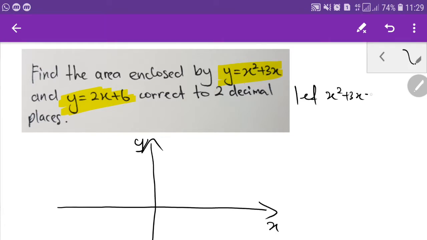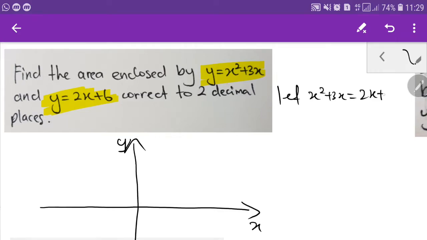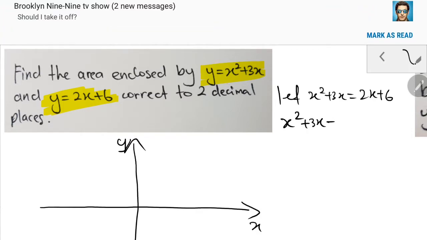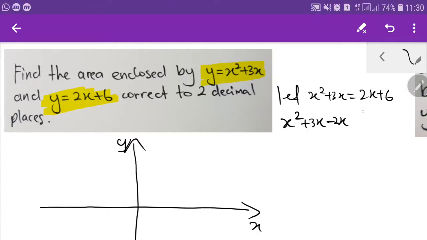So x squared plus 3x equals 2x plus 6. Moving terms across, x squared plus 3x minus 2x minus 6 equals 0, so x squared plus x minus 6 equals 0.